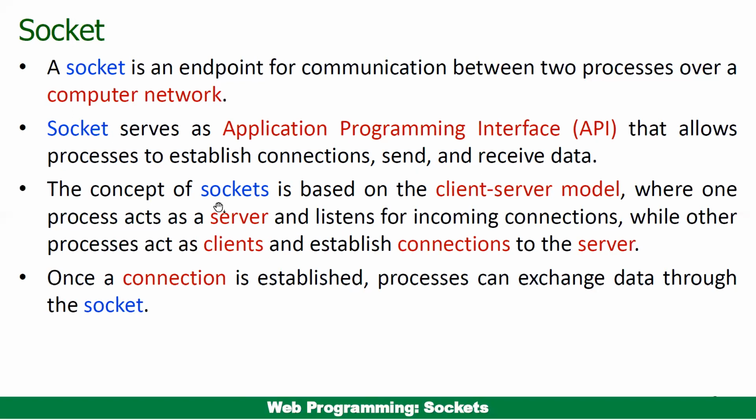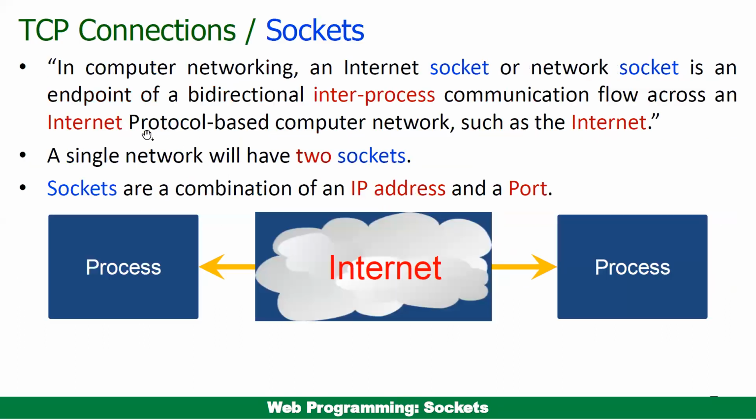The concept of sockets is based on the client-server model, where one process acts as a server and listens for incoming connections, while other processes act as clients and establish connections to the server. Once a connection is established, processes can exchange data through the socket. That is about the purpose of socket.